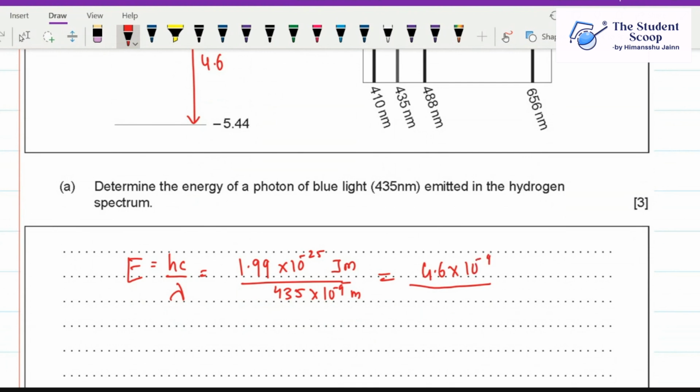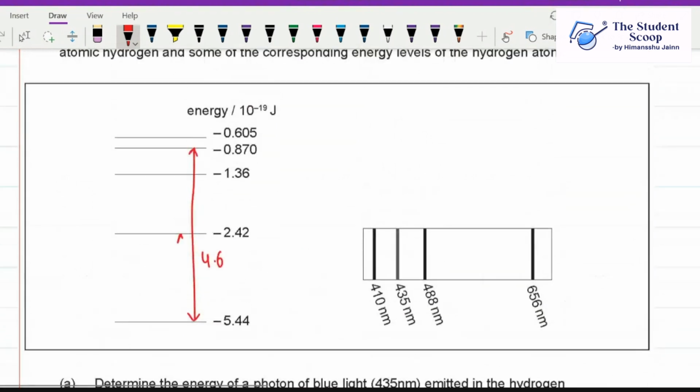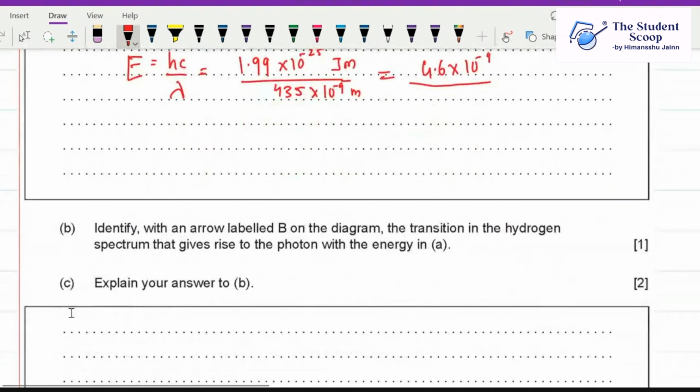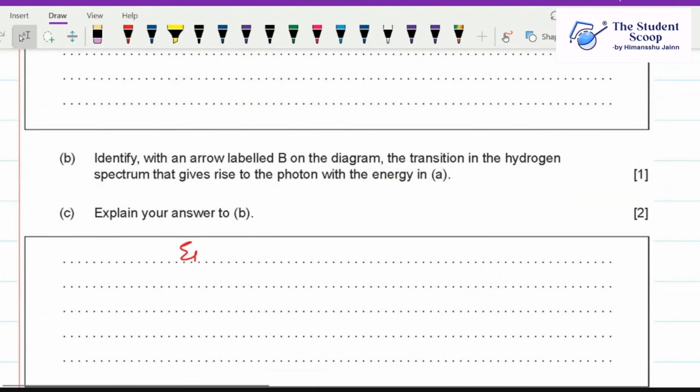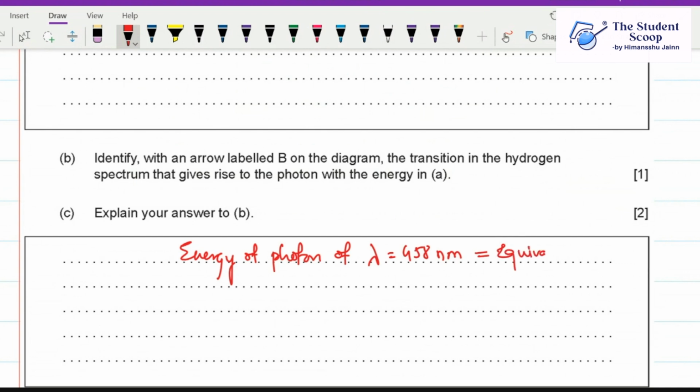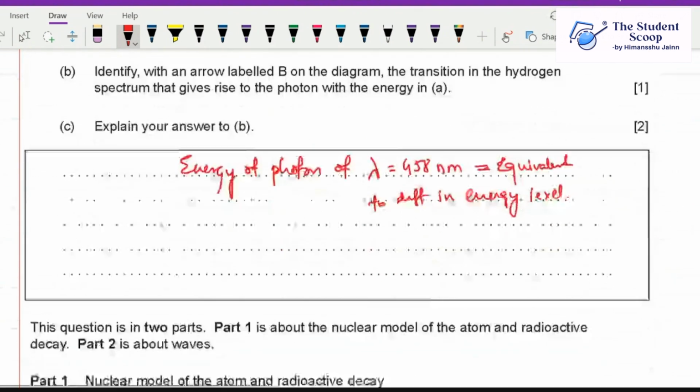So that is the difference. So we have to compare the energy of the photon with the difference in energy levels. And how can we justify that? We have to say that the energy of the photon of wavelength 458 nanometers is equivalent to the difference in the energy level. Okay, so this is how we can do this.